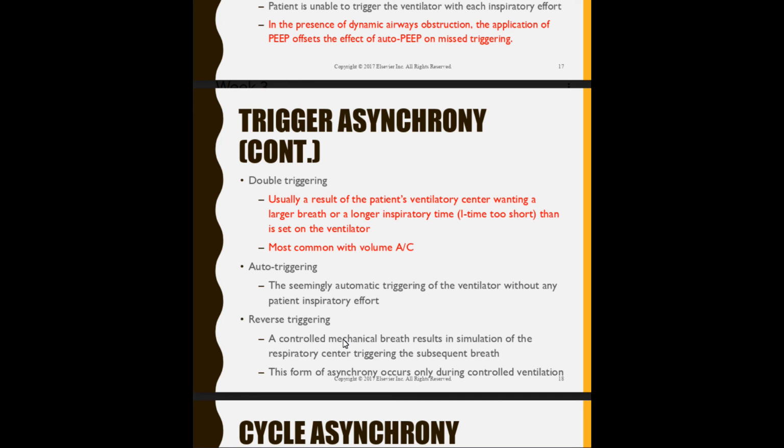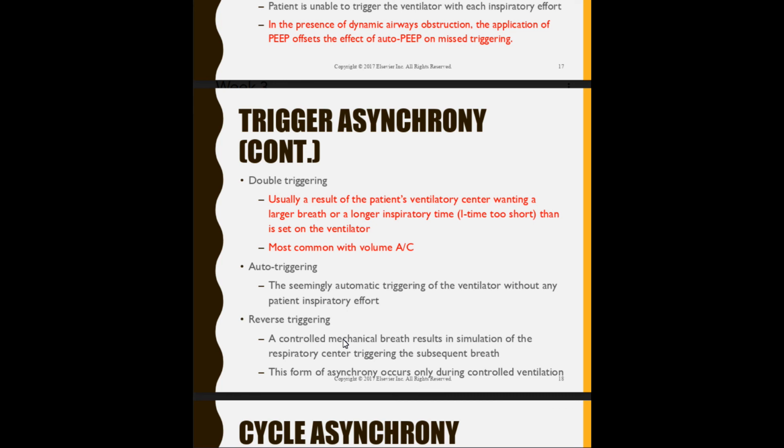So instead of going through your normal total cycle time, your brain gets a little greedy and wants another breath, a larger breath, or a longer inspiratory time, meaning the I time is just too short.